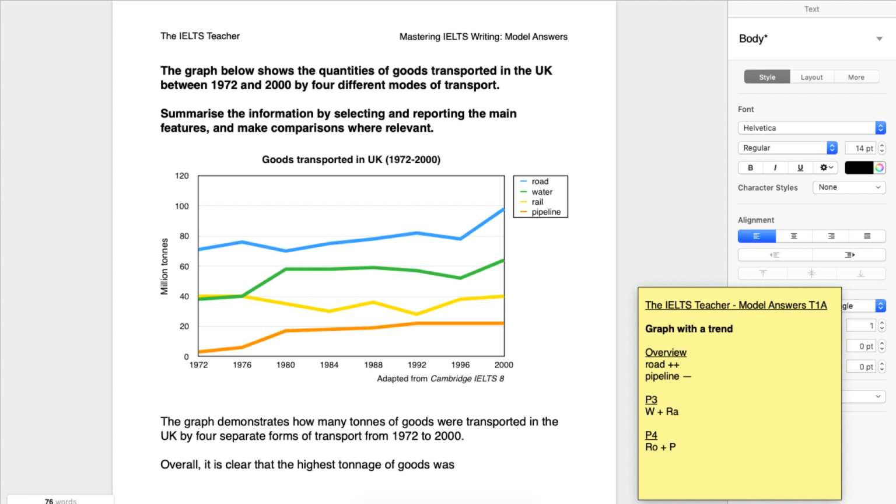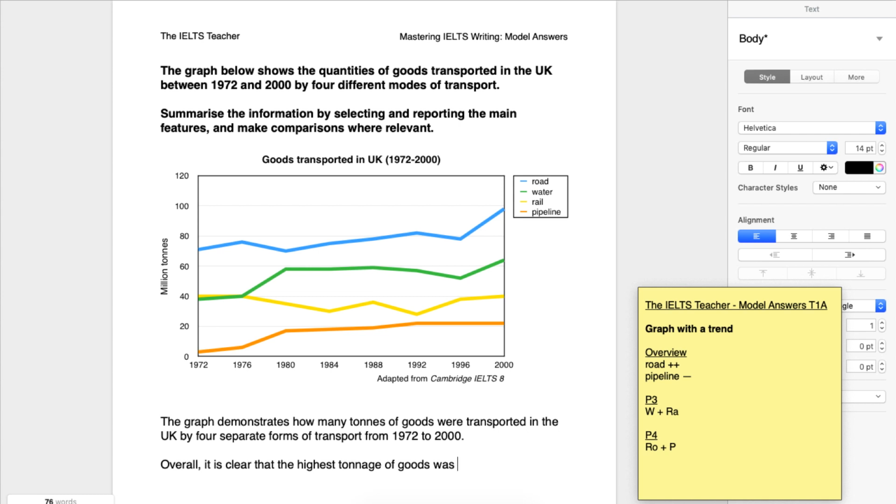was, now notice the tense here. You should have seen this also in the introduction as well. But typically, when we're looking at a graph with a trend, and it looks at 2 times in the past, so 1972 to 2000, for the vast majority of the task, sometimes throughout the task, you just want the past simple. Whether that's past simple active or passive, that depends on the context of the sentence, but it will almost always be past simple. So was transported, or okay, now maybe let's change the verb. Now we have that transported originally.